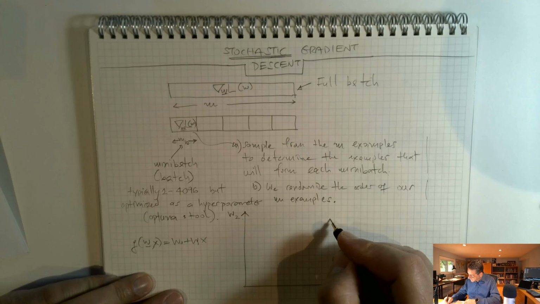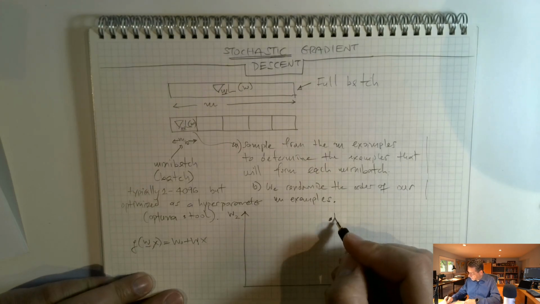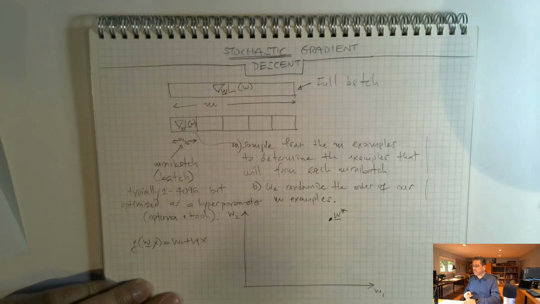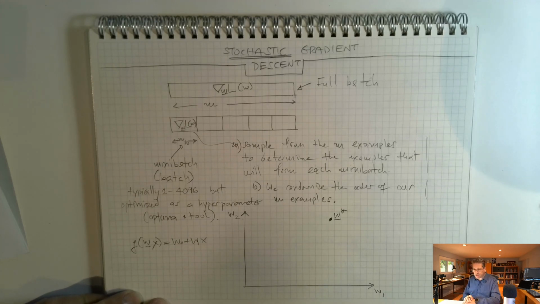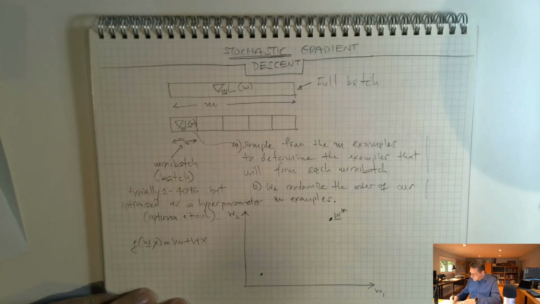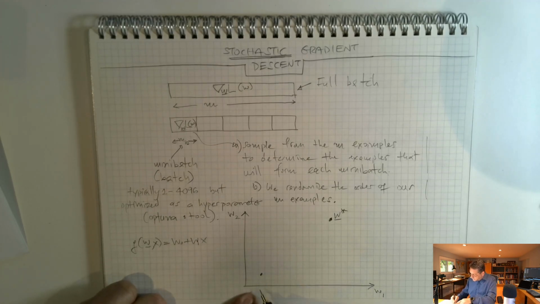Somewhere in this plane there will be the optimal W star that we would hope to be able to find, subject of course to the constraints we had already discussed about how easy or difficult it is. But in this specific case it should be straightforward because our loss function is well behaved. And we are starting, as we said earlier, from a so-called W0.